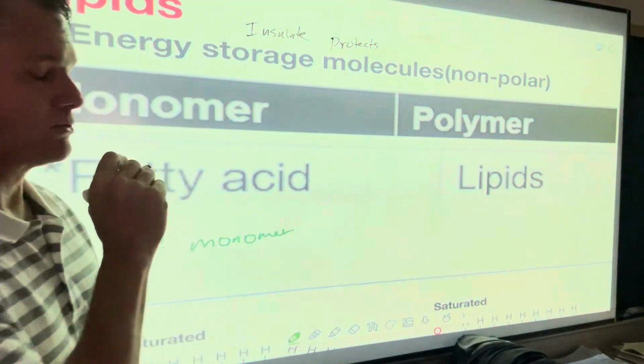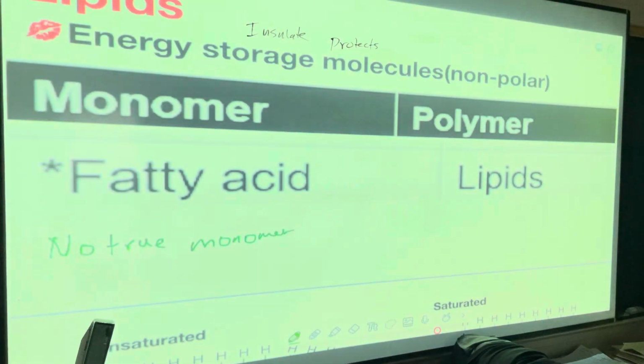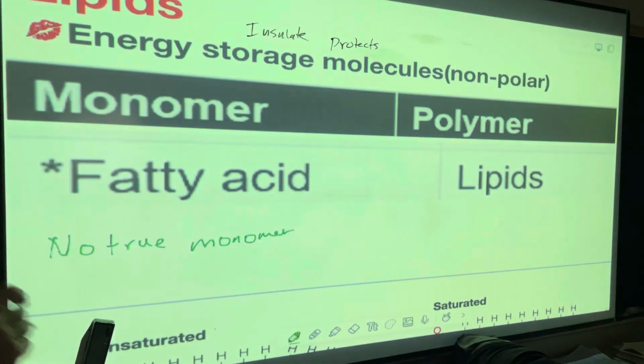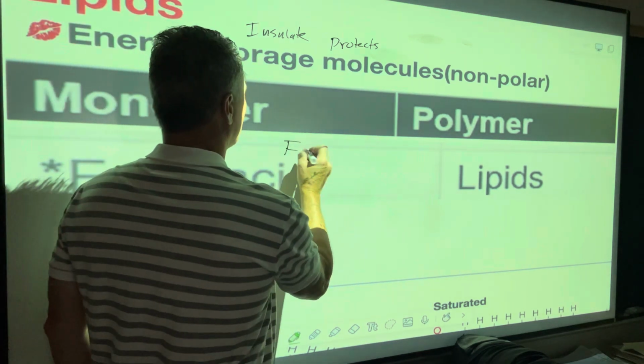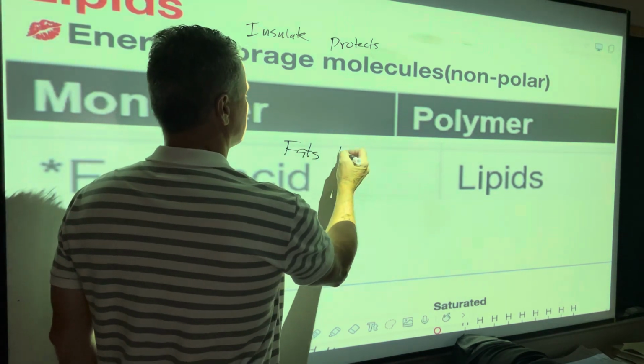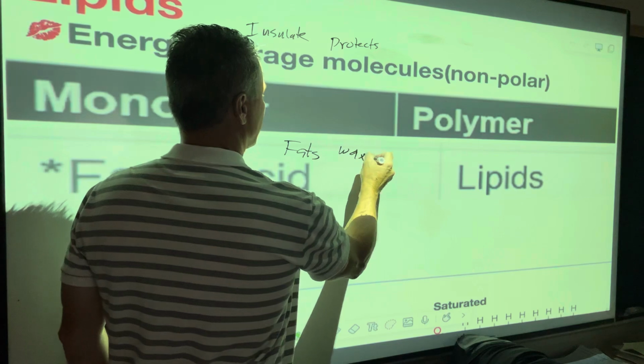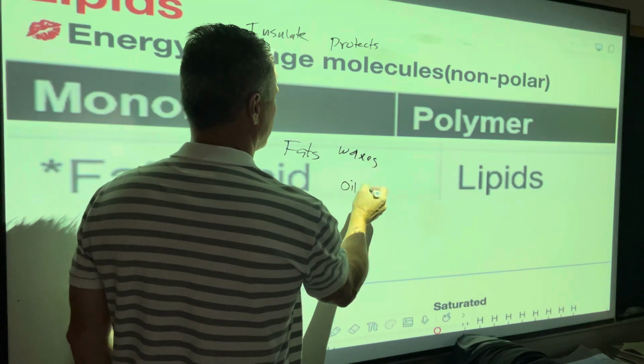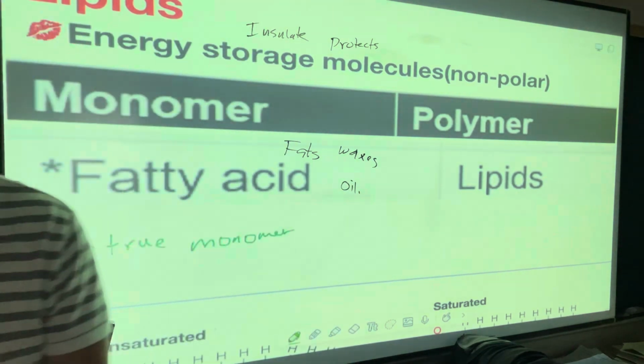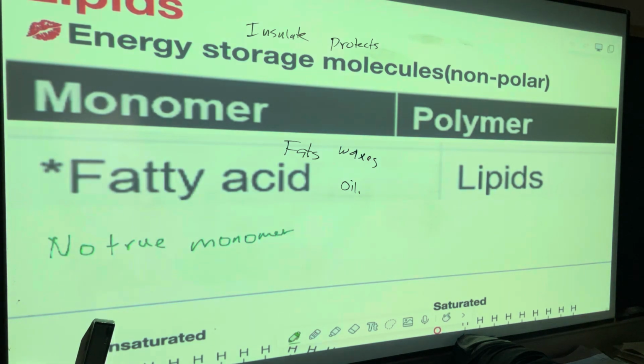Okay, here are some examples of lipids: fats, waxes, and any kind of oil that you can cook with. Candles, Scentsy, you burn those, that's a fat, waxes, and oils.